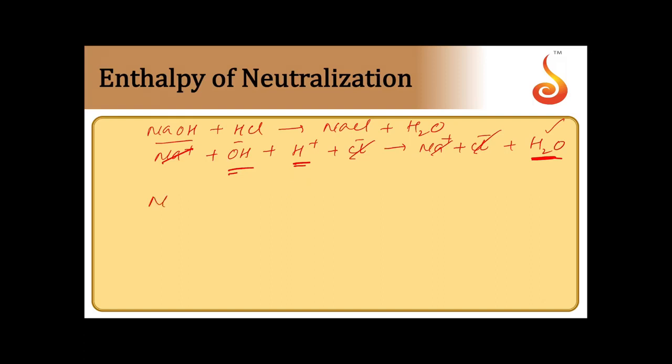For example, take NaOH plus CH3COOH, a weaker acid, forming sodium acetate plus water. Acetic acid is a weaker acid.